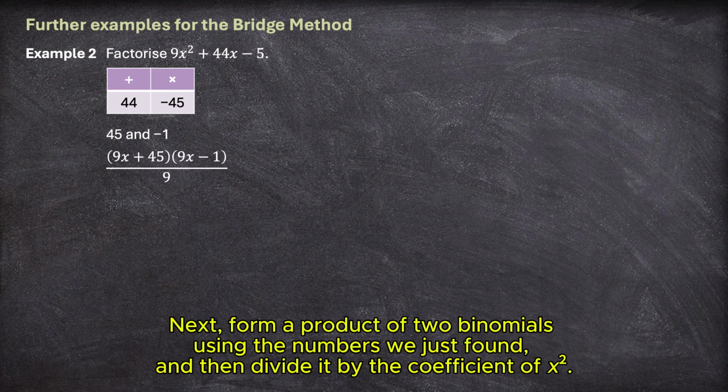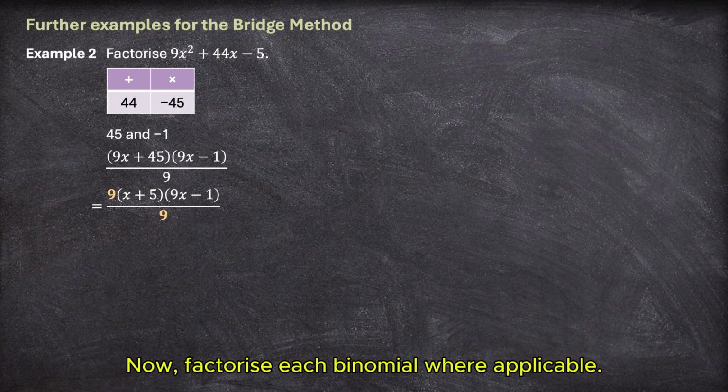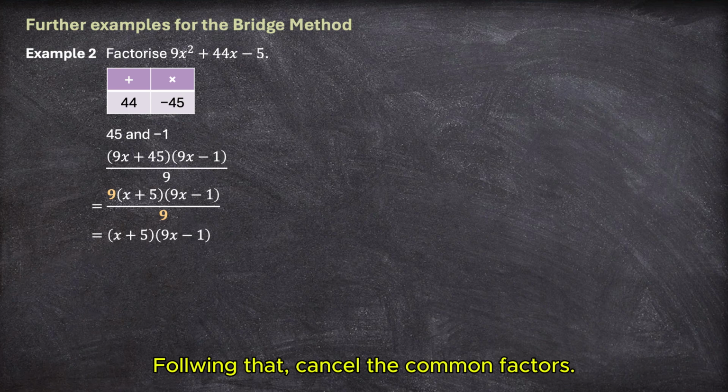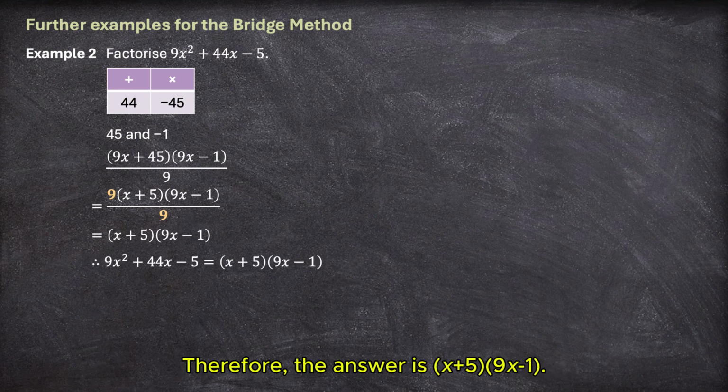Next, form a product of two binomials using the numbers we just found, and then divide it by the coefficient of x squared. Now, factorize each binomial where applicable. Following that, cancel the common factors. Therefore, the answer is (x + 5)(9x - 1).